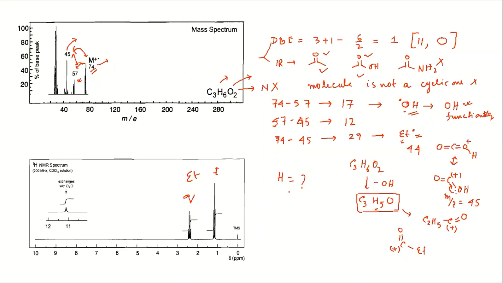Look here, one additional piece of information is given: exchanges with D2O. The value is around 11 point something. Which proton can easily be exchanged with deuterated water? The loosely bound proton, that is the OH.